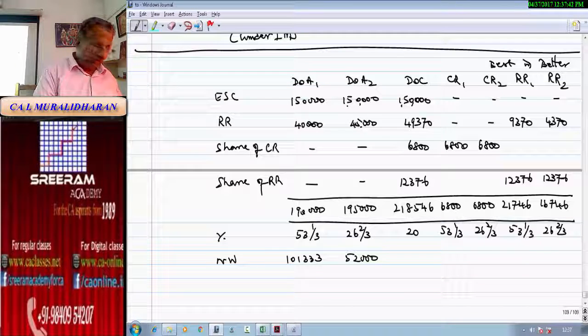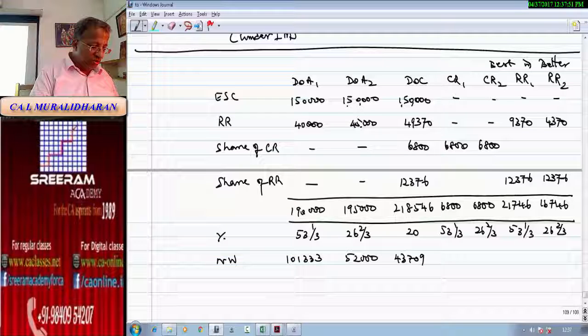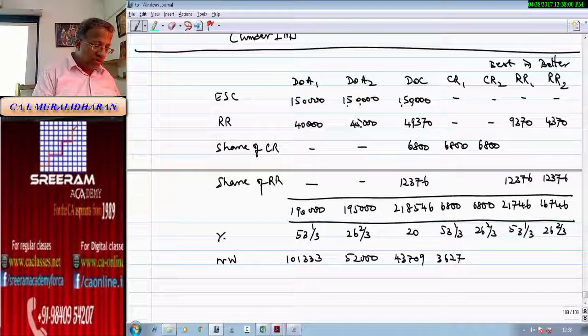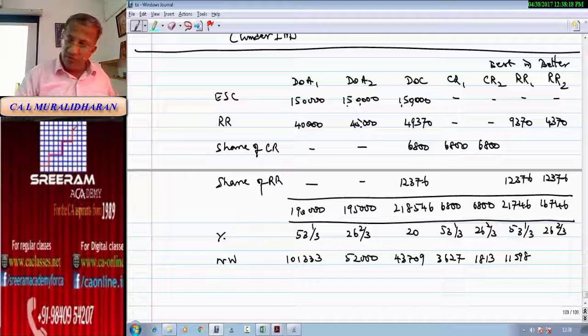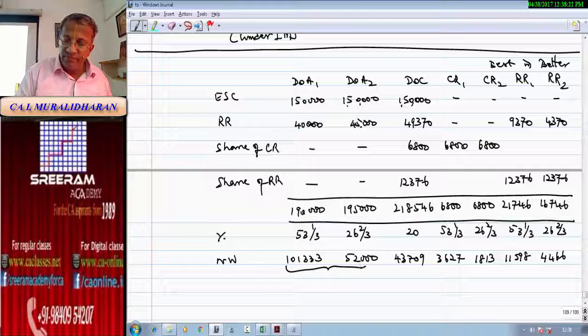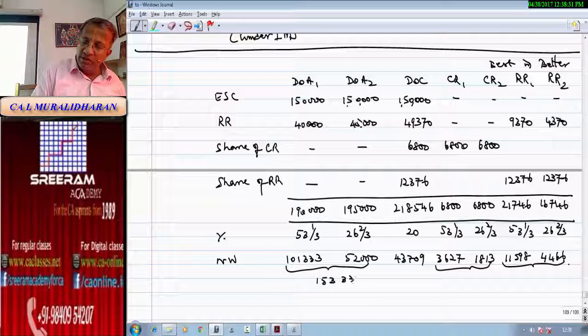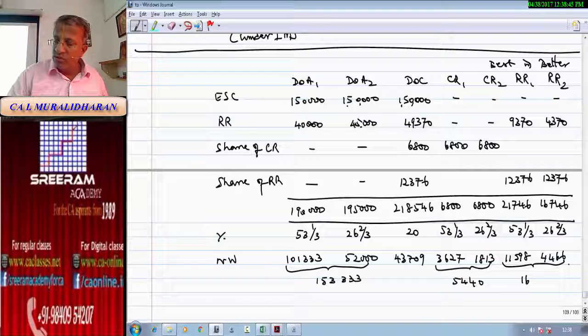Is that right? 218,546 into 0.2 is 43,709. 6,800 into 8 divided by 15 is 3,627. 6,800 into 4 divided by 15 is 1,813. 21,746 into 8 divided by 15 is 11,598. 16,746 into 4 divided by 15 should give you 4,466. So 153,333, 5,440, and 11,598 plus 4,466 is 16,064.